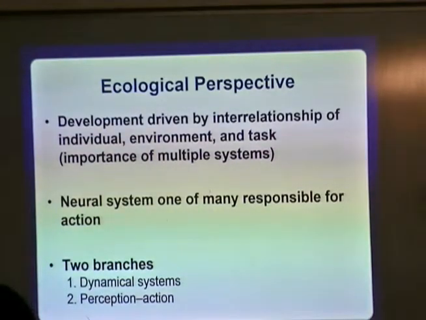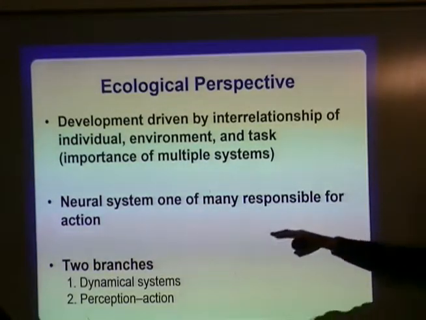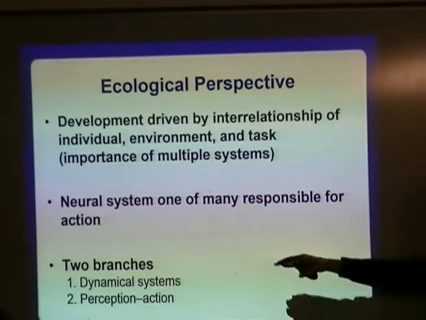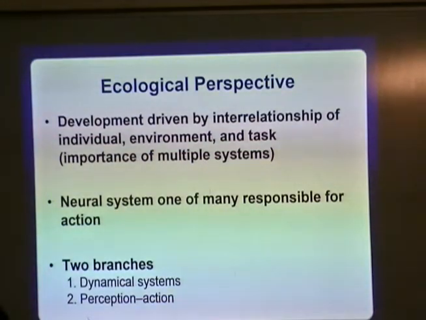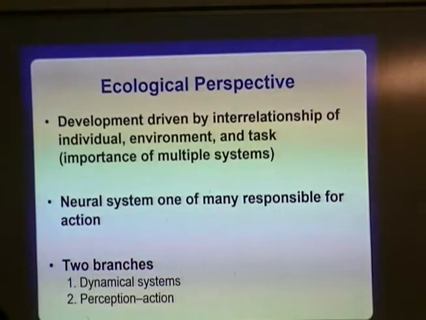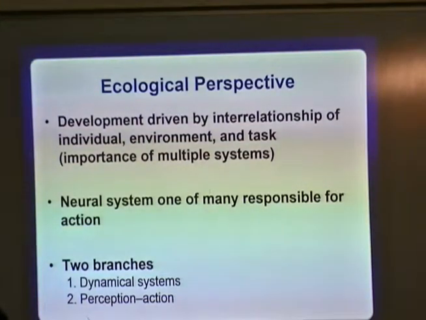Under the ecological perspective, there are two main branches: dynamical systems, which is where our constraints theory would sit, and the perception action branch. The dynamical systems branch has theories looking at movement control and coordination issues. Under perception action, they're looking at perception.